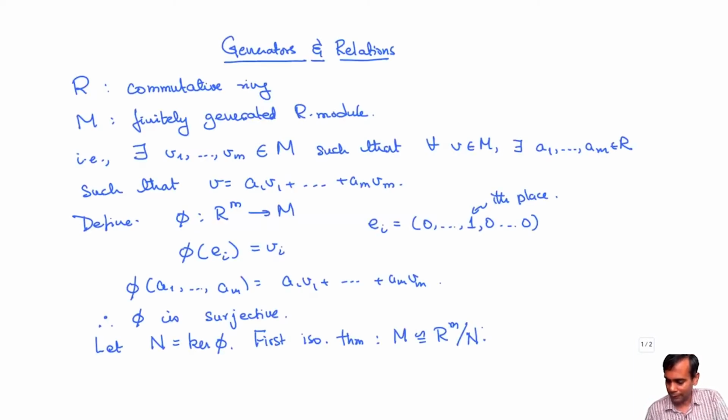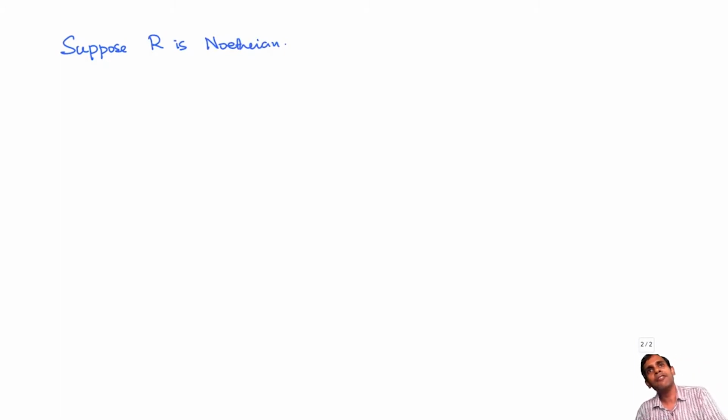Now let's try to understand better this submodule N. Now suppose R is Noetherian. Then we've seen that every submodule of a finitely generated R module is going to be finitely generated.